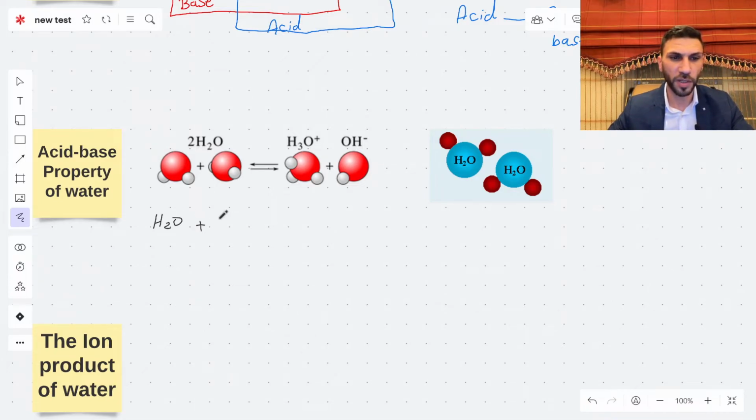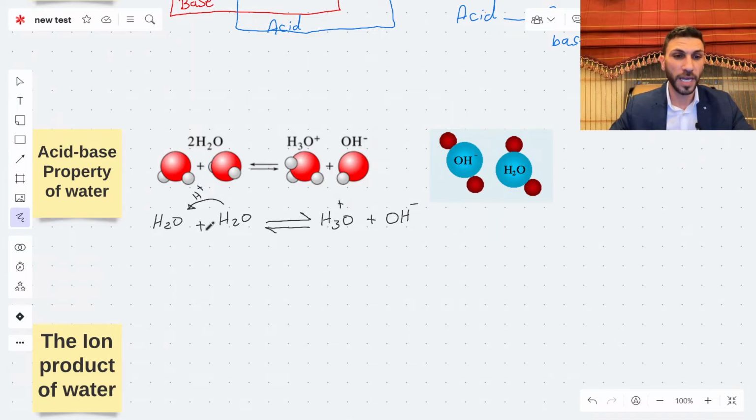It will react with another H2O, and we call it the acid-base property of water, because when they react, one of the molecules will lose or donate the H positive to the other molecule, and this one will become H3O positive after accepting the hydrogen ion, and the other one will remain OH negative after donating the H ion, the hydroxide.